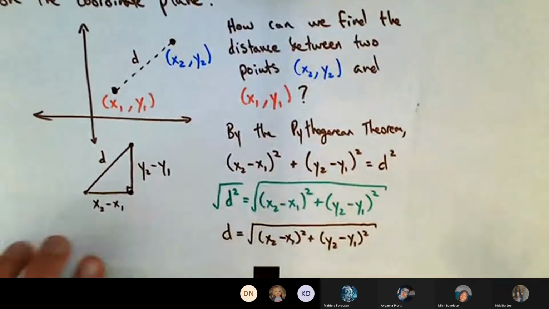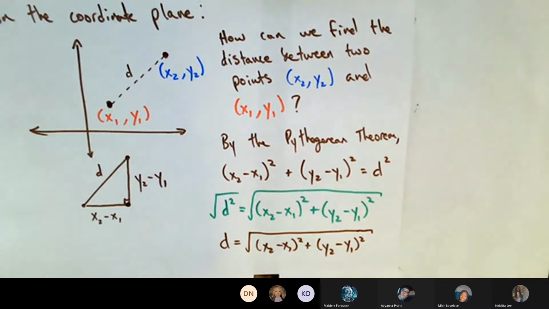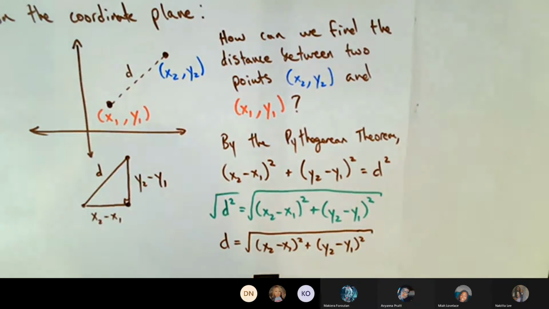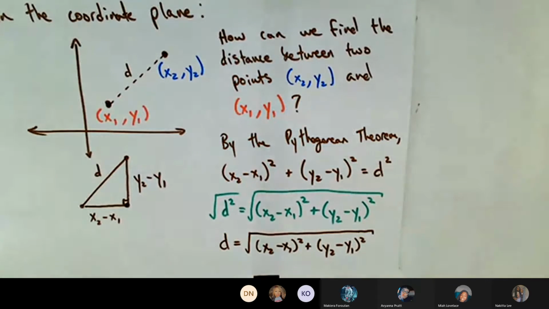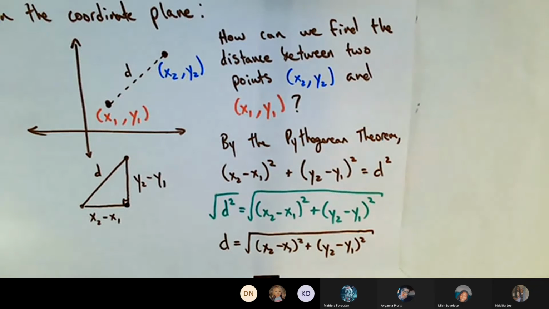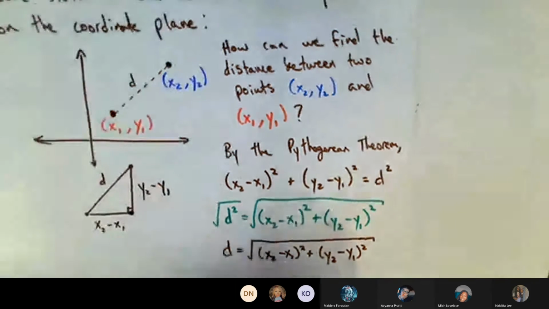hopefully from its construction here, from the Pythagorean theorem, that might help you to remember where it comes from and the motivation for it. I won't often prove things like this. This is a proof, a visual math proof, though really this is the way you would do it anyways. But I won't often prove stuff in this class. A lot of times I'll just ask you to take my word for it.